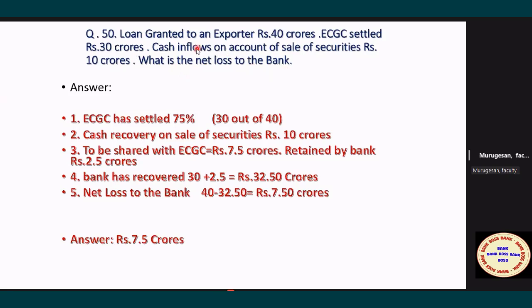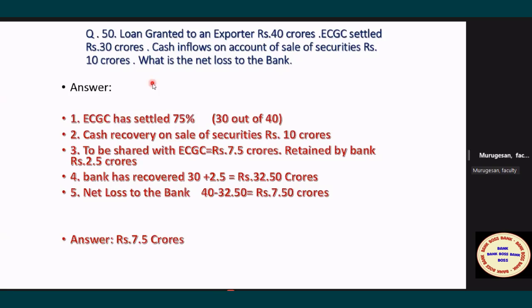But remember the rule. The rule will not be given in the question. You note down the rule, then only you will remember. This is the ECGC rule: any cash recovery after settlement by ECGC, the bank cannot keep the entire amount recovered.